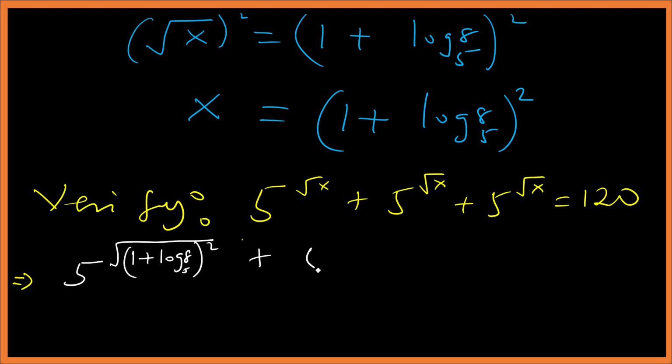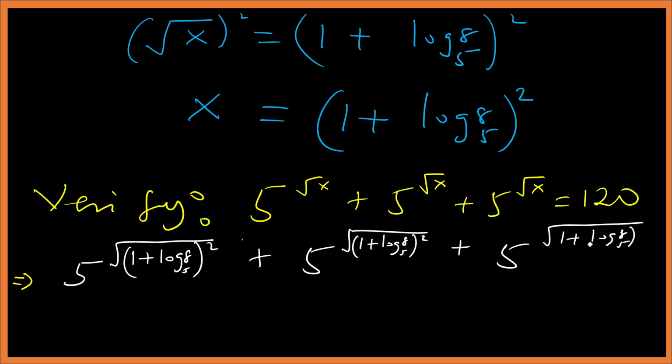plus 5 exponent root of 1 plus log 8 base 5 all squared, plus 5 exponent root of 1 plus log 8 base 5 all squared. Okay, so the square root and the square will cancel on each of these.